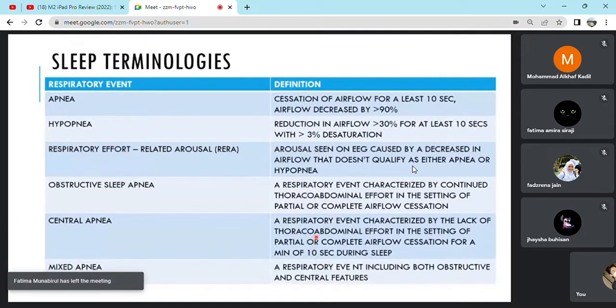However, in your central sleep apnea, there's actually the difference between the two, because in your central apnea, you do not actually see abdominal effort that the person will actually manifest during the time that there is partial or complete airflow cessation for a period of 10 seconds during sleep. Okay? If you have a mixed apnea, it means that you have a combination of both obstructive and central features.